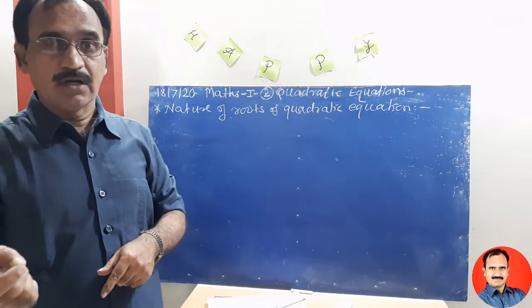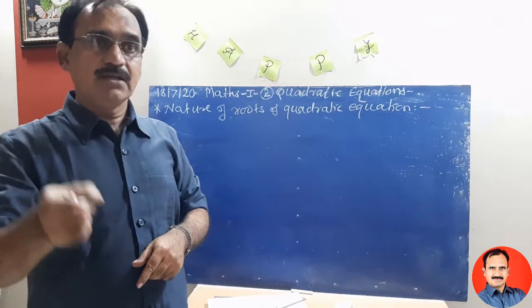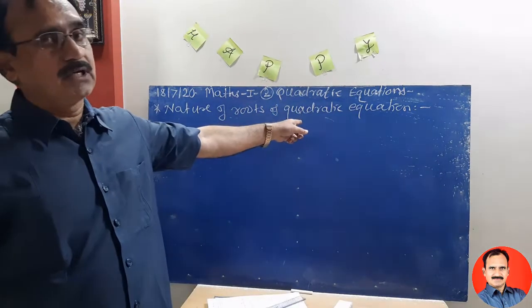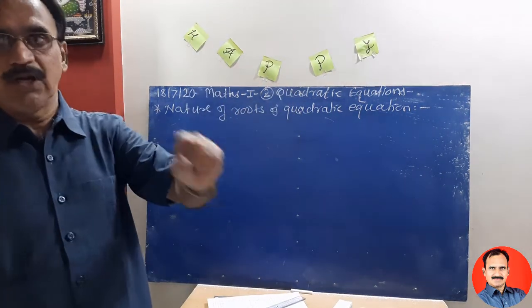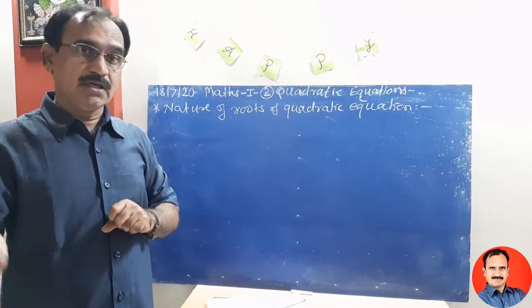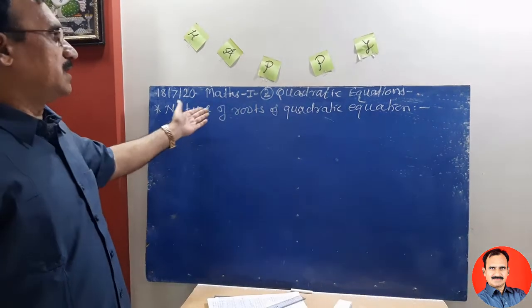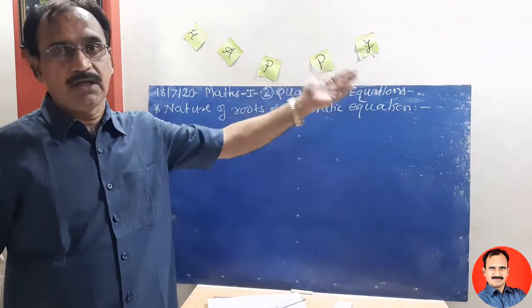In Greek it is called delta, meaning discriminant. Find the discriminant of the given quadratic equation means find the value of b square minus 4ac, which is called delta. On the basis of delta, we can write the nature of roots.